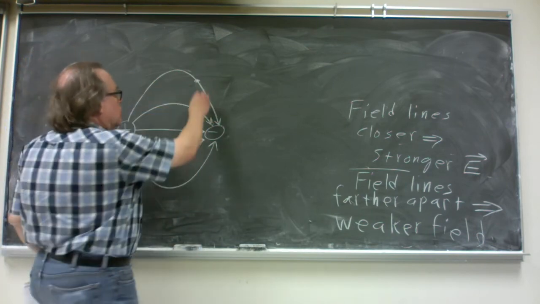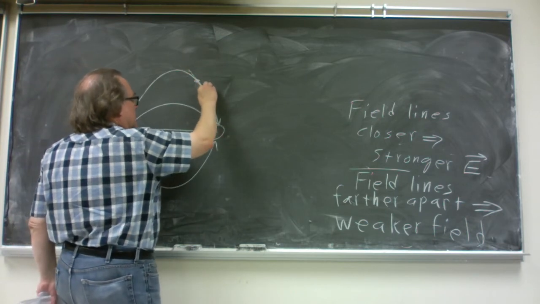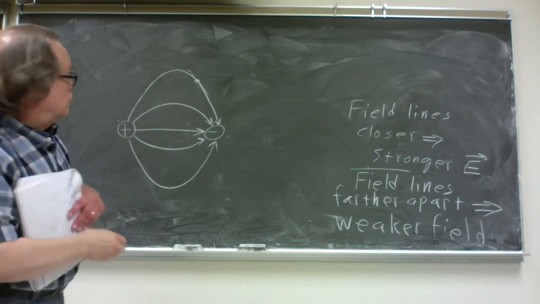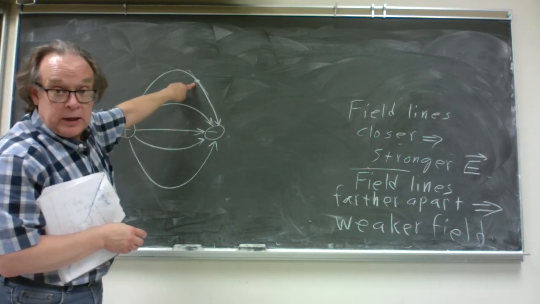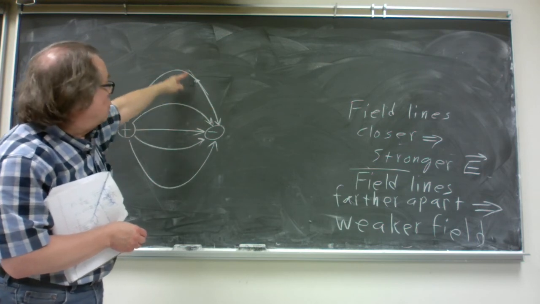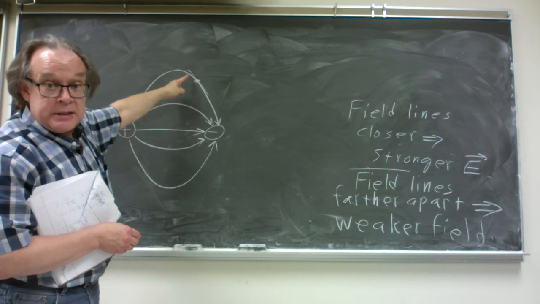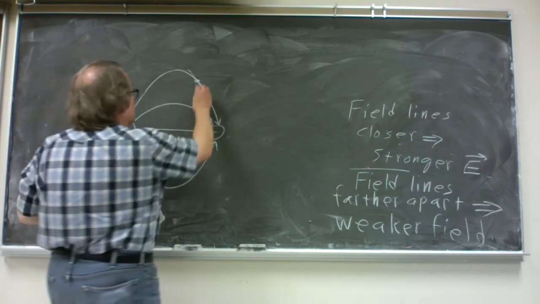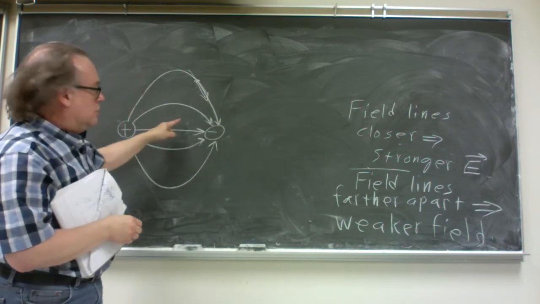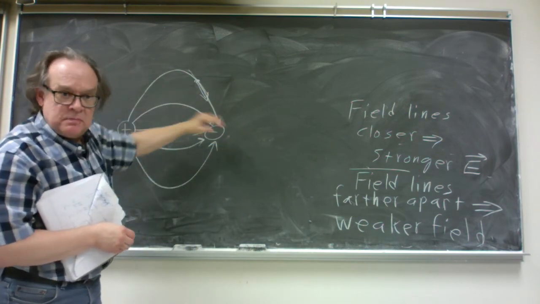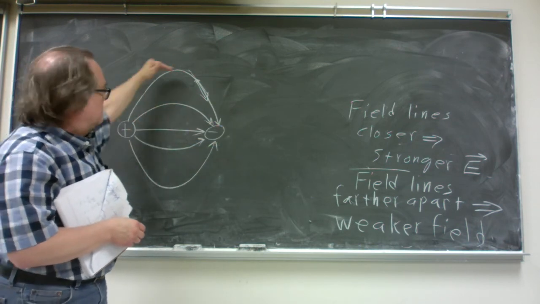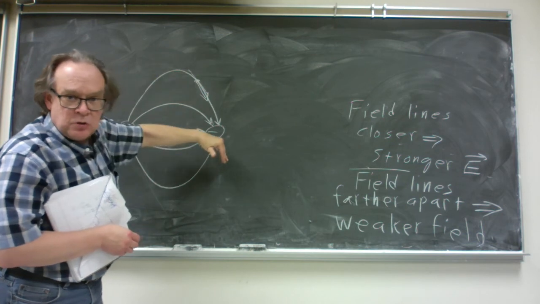Well, we just draw a tangent line, the straight line that is tangent to the curved field line at the point that you're interested in, and then the field points one way or another along that tangent line. In this case, the field would have to point that way, because the flow of the field lines is basically left to right, and then over here, higher to lower.